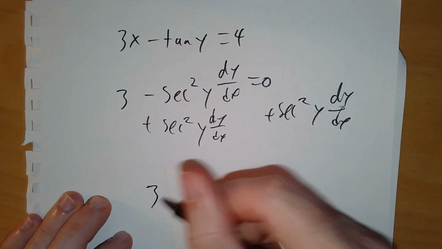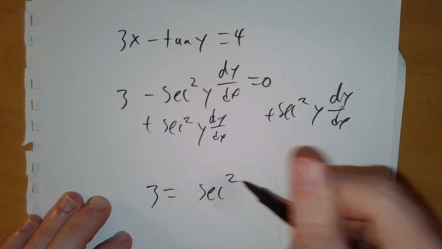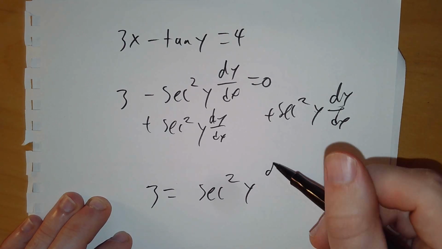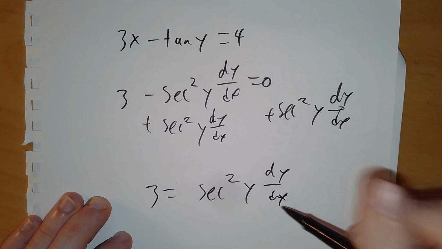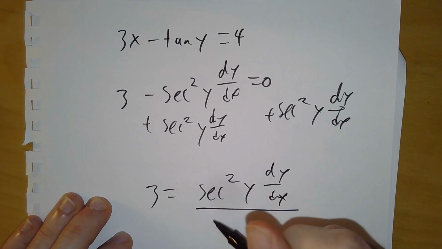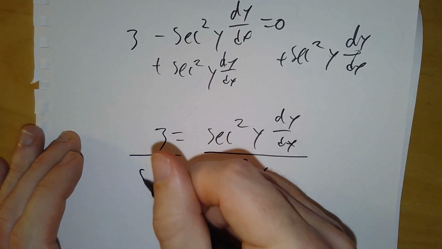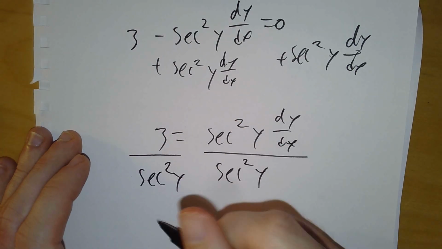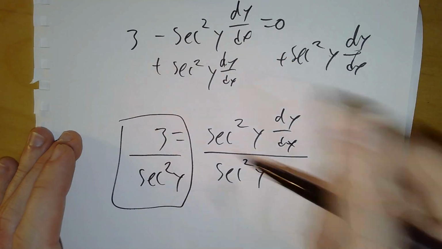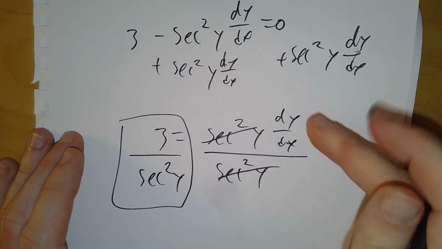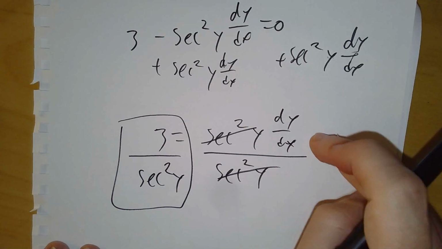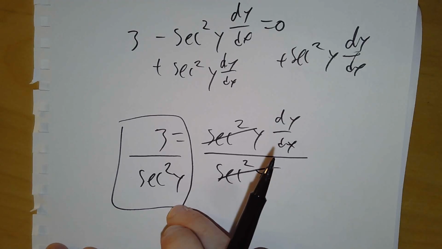So we have 3 equals secant squared y dy/dx. And then from here, I can just divide by secant squared y. So this is your answer, right? 3 over secant squared y. Because there was only one dy/dx term over here, I didn't have to factor it. I just could divide. So that's my answer, 3 over secant squared y.